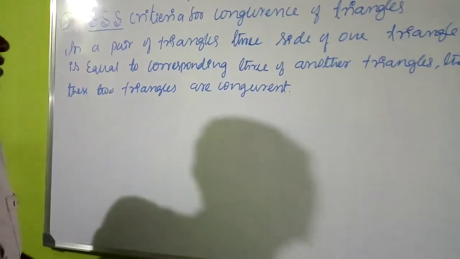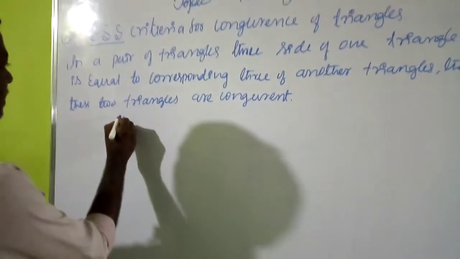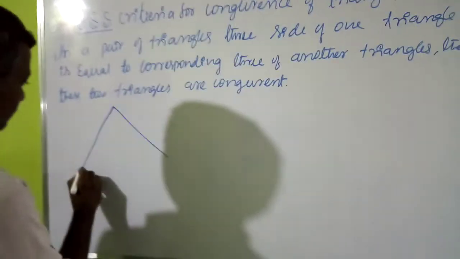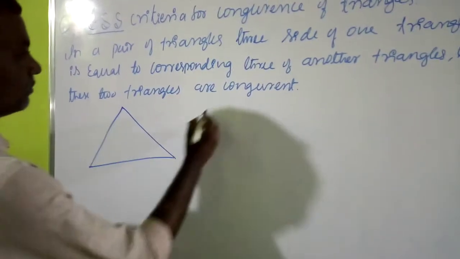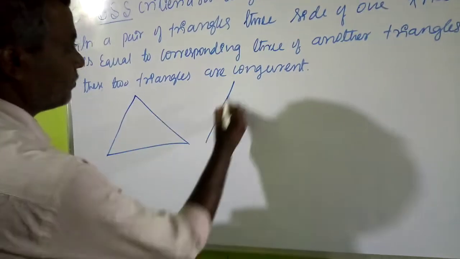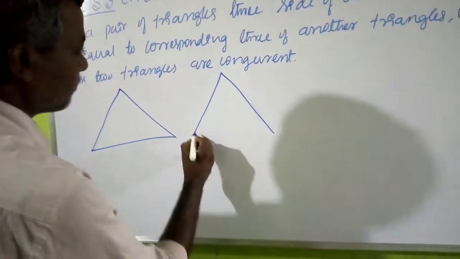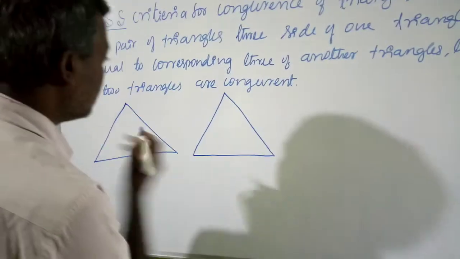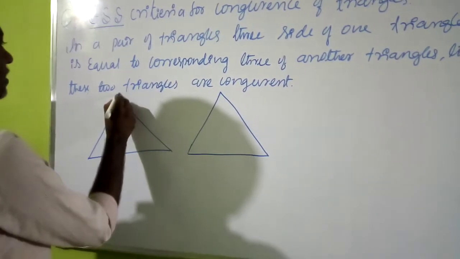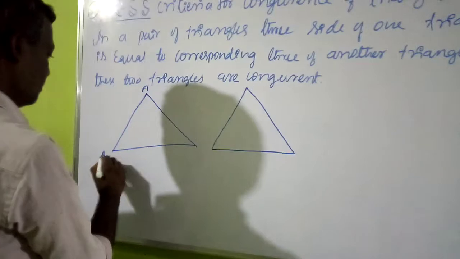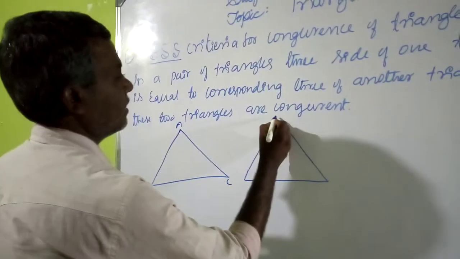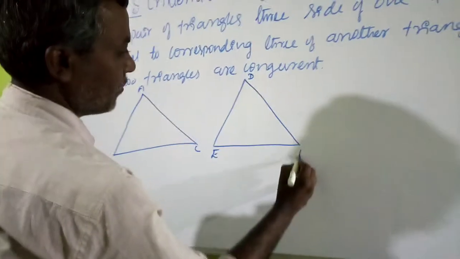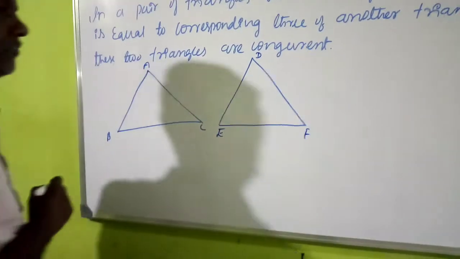Okay now students, for this let us take an example. These diagrams are triangle shapes. This is A, B, C. This is D, E, F. So this is the pair of triangles.